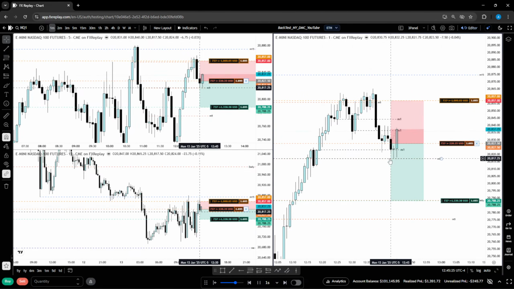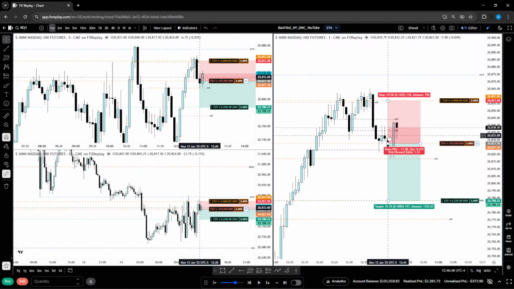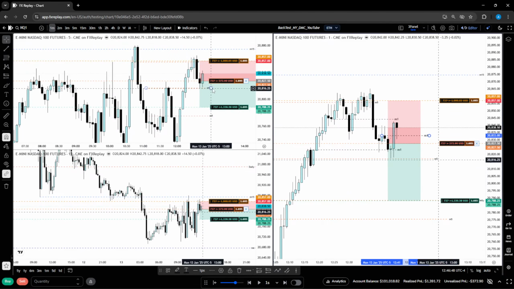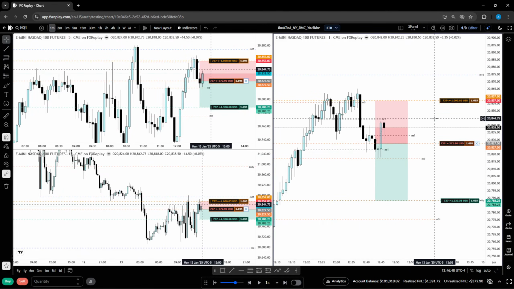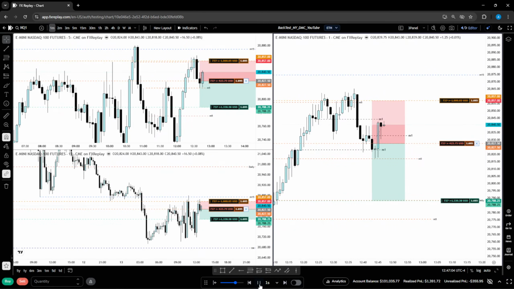So this 5 minutes should be broken if you want to go lower, otherwise we are gonna get stopped. So we got rejected from the 5 minutes, and now we're breaking out from that level. So we'll see another couple of candles.